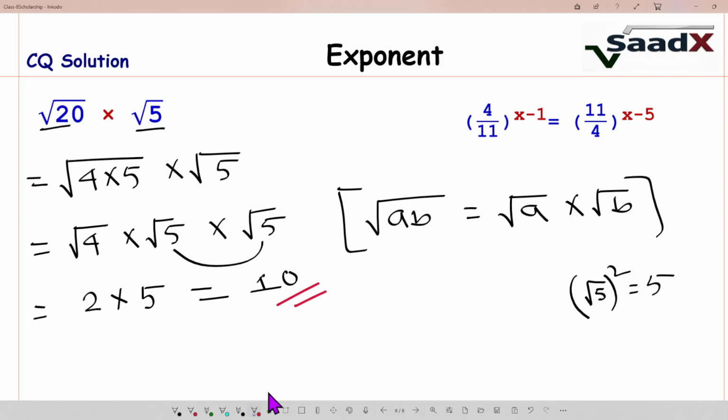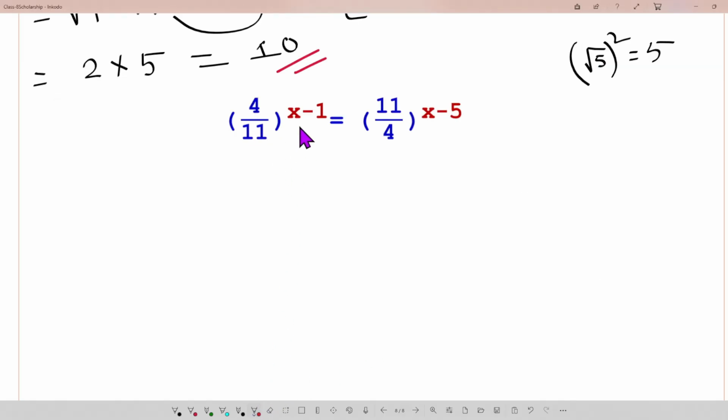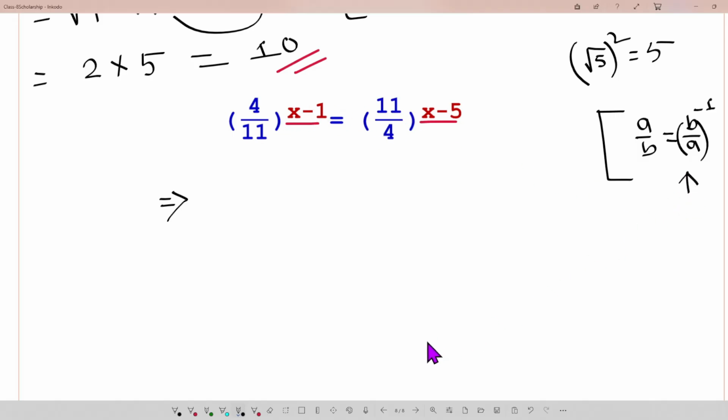Very simple. Okay, here is 4 by 11 to the power x minus 1 equals 11 by 4 to the power x minus 5. So we have to find the value of x. One thing, suppose a by b, we can write this as b by a to the power minus 1, just the inverse. In this case here is 4 by 11 or 11 by 4, any one side we can make this way, the inverse fraction.